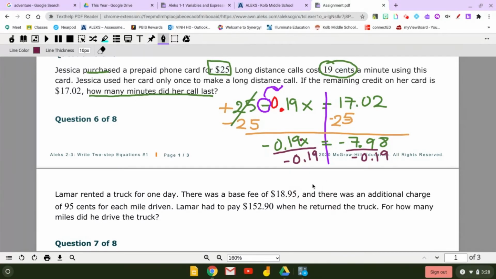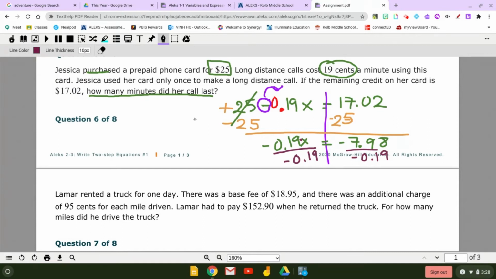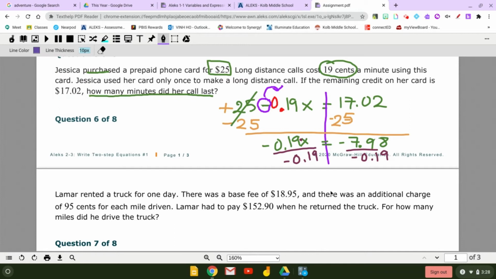The answer is x equals 42. Even though we see the negative sign on the calculator, remember, I didn't have a chance to put in the negative 0.19. Two negatives turn into positive. It should be positive 42.